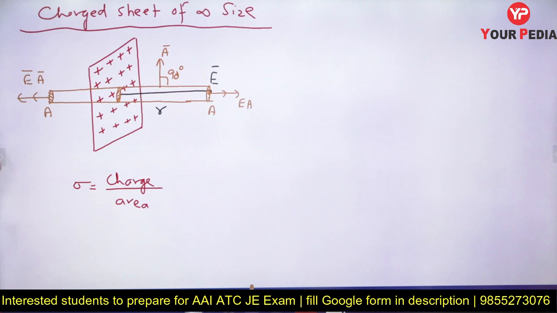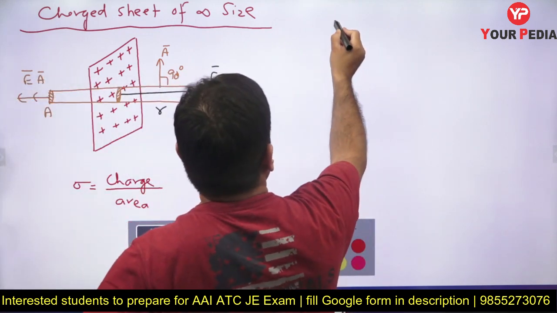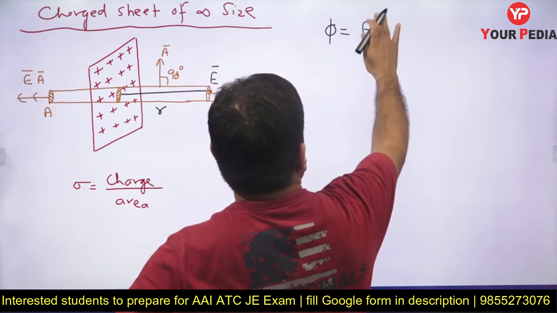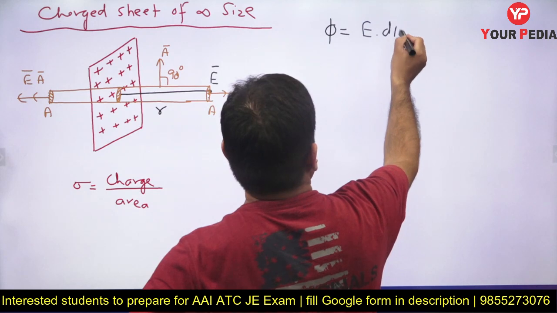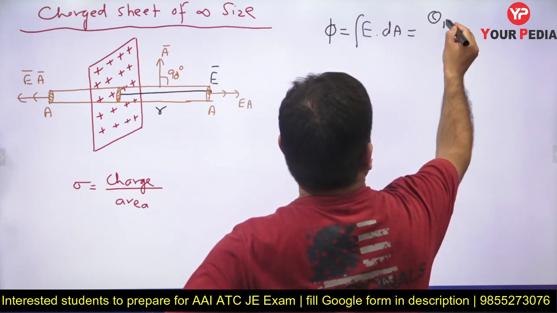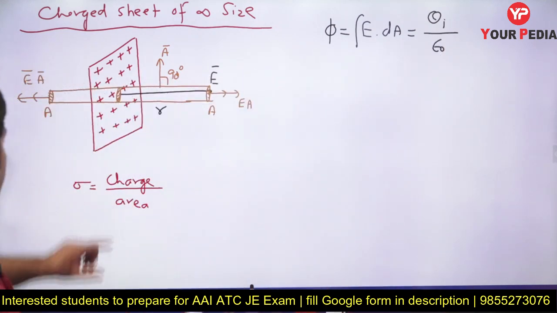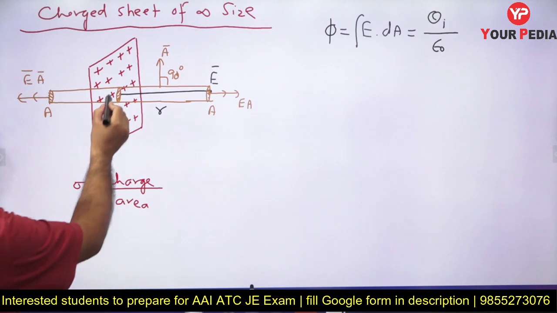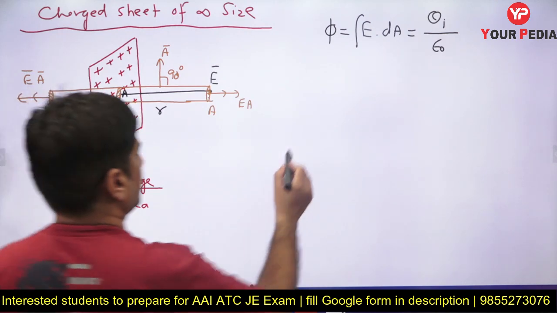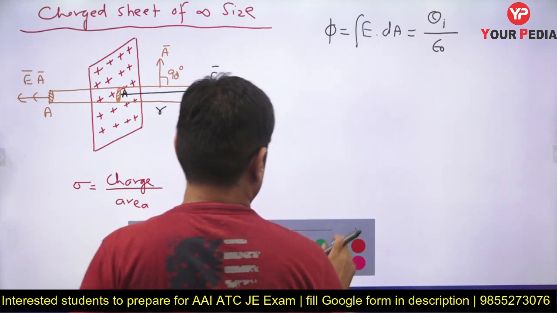Now let's apply the formula of Gauss's law. What is the electric flux? The integral of E dot dA is equal to the charge inside over epsilon naught. Now can you tell me what is the charge inside this particular cylinder? Let's make a larger diagram of the cylinder.